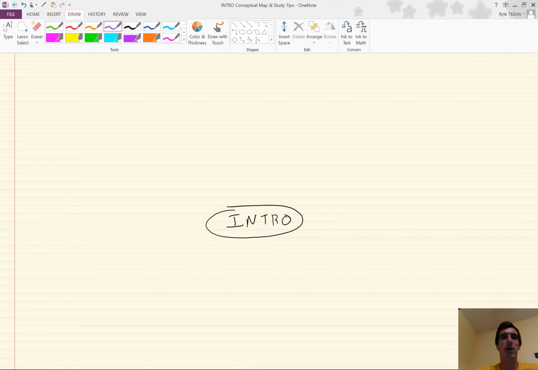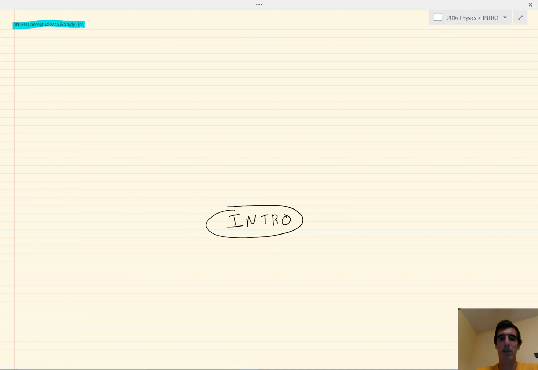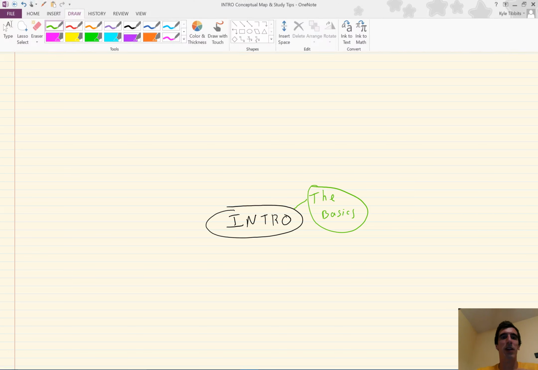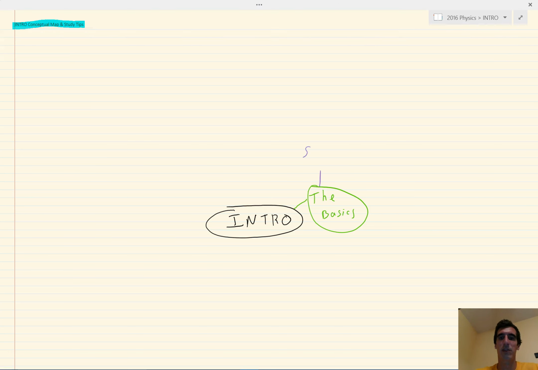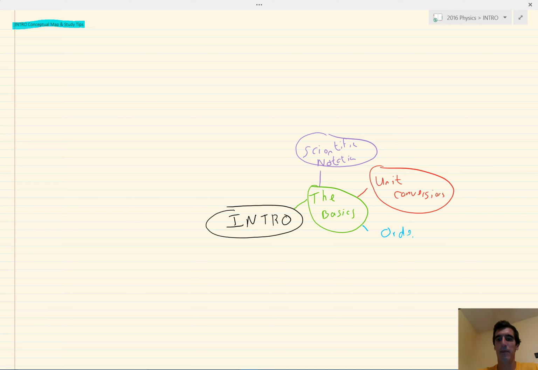The first thing we talked about throughout this unit, we'll call it the basics. These basics included scientific notation, unit conversions, and we could throw in there order of magnitude.